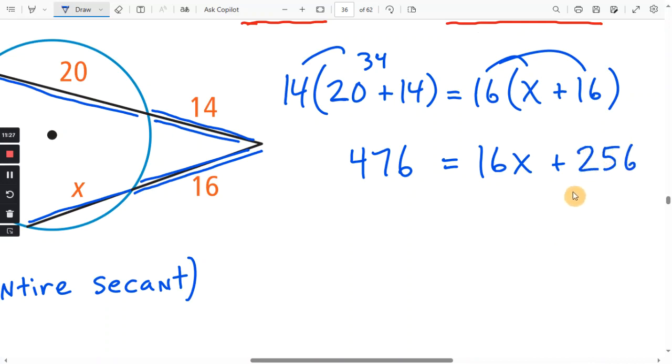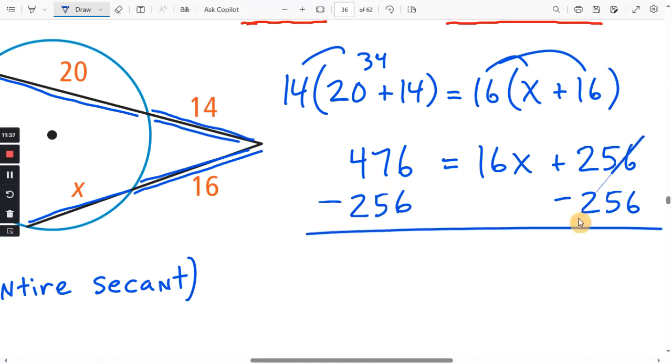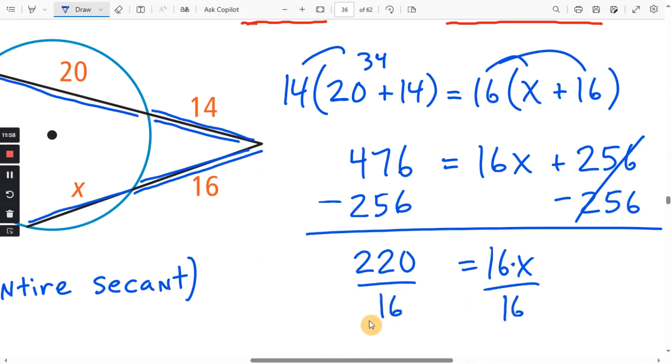Solving for x, the opposite of positive 256 is negative 256. It cancels on the right. Bring down your 16x and your equal sign. 6 minus 6 is 0. 7 minus 5 is 2. 4 minus 2 is 2. We have x times 16. The opposite is divided by 16. Okay, 220 divided by 16.